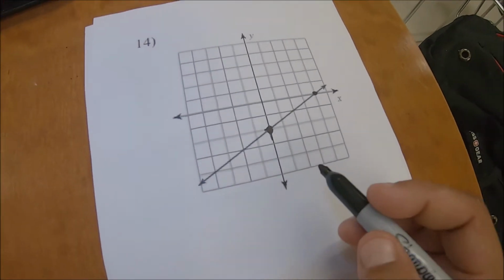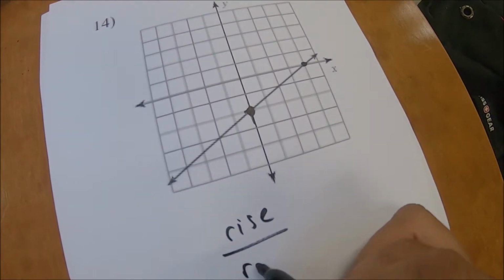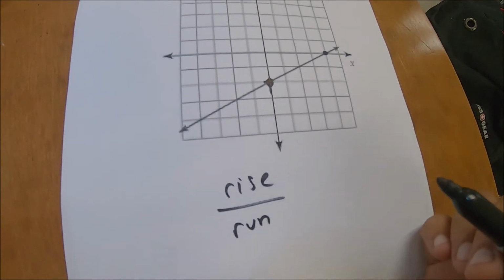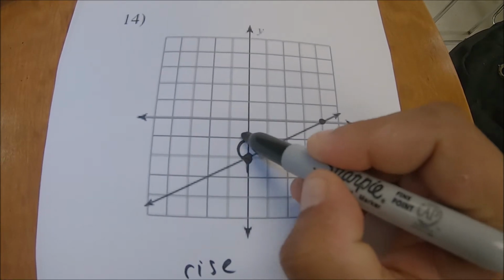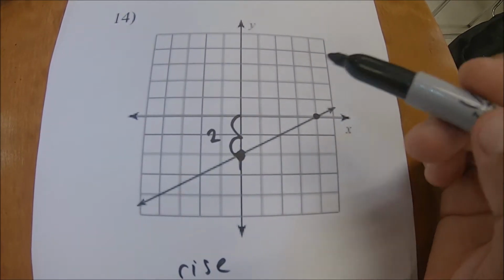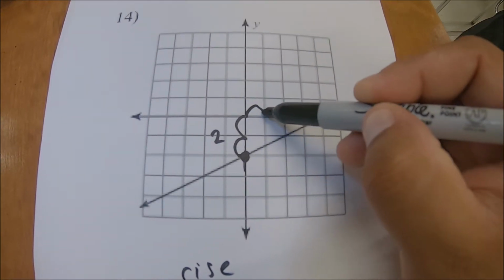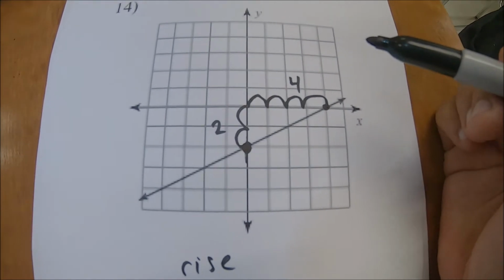Now, the way that I figure out what my slope is going to be is I have to check what my rise over my run is. In other words, from one perfect point to another, how many units did I have to rise? In this case, I had to rise 2 units. How many units did I have to run? In this case, I had to run 4 units.